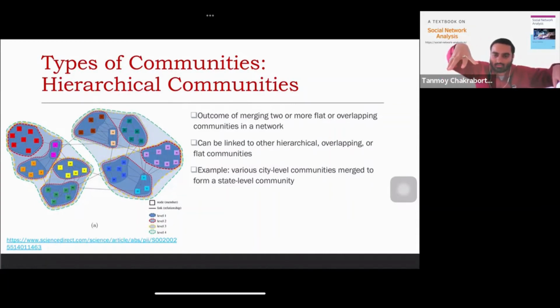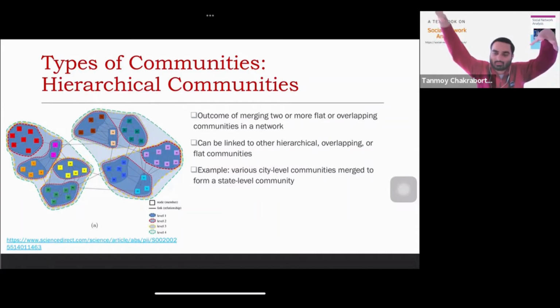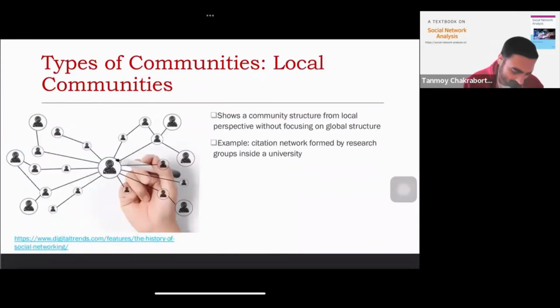Then the undergrad community and the postgrad community form again a bigger student group. A student from one college and a student from another college, these two bigger groups again form another bigger group, and so on and so forth. So this hierarchical structure is also quite relevant to real world cases.